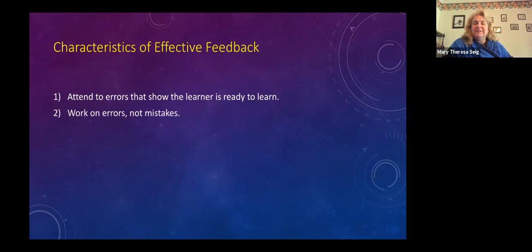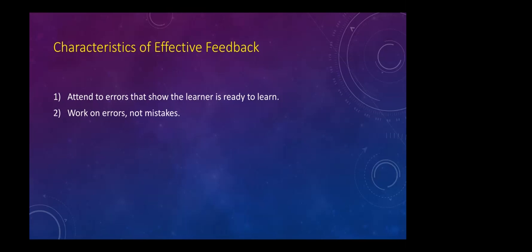The second thing for us to keep in mind when we're giving feedback to learners with error correction is that we should work on errors and not mistakes. Oftentimes in production of language, there can be mistakes. There can be false starts. There can be pauses. There can be filler, I don't know, those sorts of things.